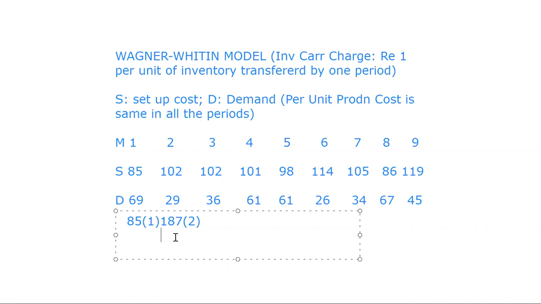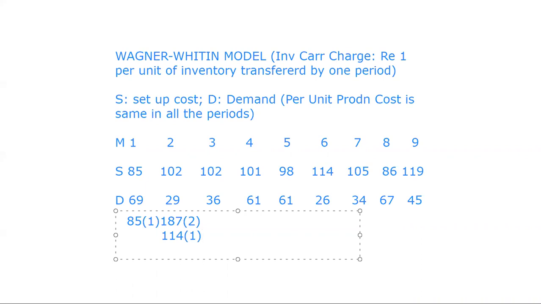Okay, so what is the cost? I am incurring a cost of 85, which is the setup cost, and I'm transferring 29 units of inventory to the next period. So my total cost is 85 plus 29, right? So I write down here it is 114, for period number 1.